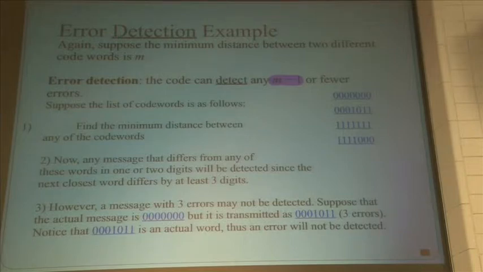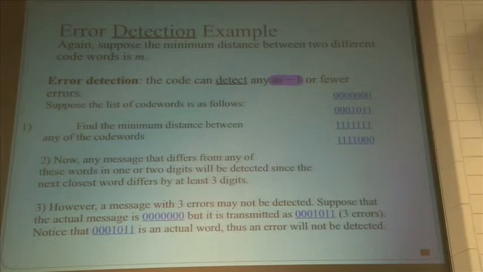The next line down, between the first and second code, has a Hamming distance of 3. It differs in 3 positions from the first and second. And then if you compare it with the third and fourth, those differ by more than 3, right? So the minimum distance between any 2 codes, the absolute minimum, in this case, is going to be 3.